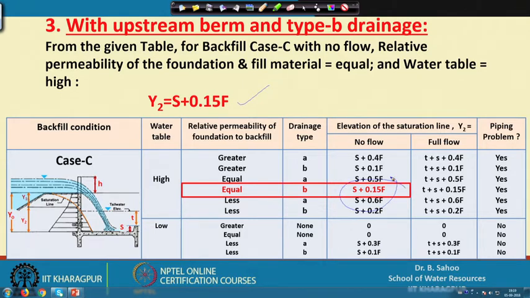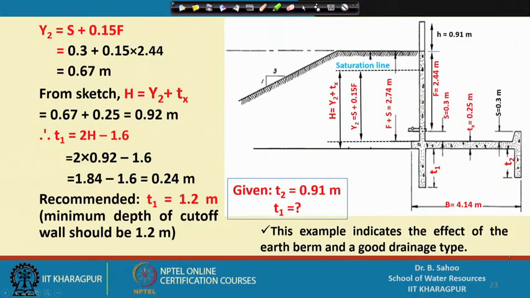This is the distance from this bottom surface to the saturation line. Once y2 is known, by using this you can estimate my h value. For this first I have to estimate y2, equal to S plus 0.15F, that I can compute here.